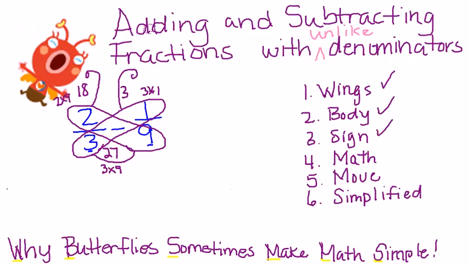The sign is subtraction. I see that right here, so I don't need to do the arrow this time. I'm going to do the math on the top, which is 18 minus 3, which is going to give us 15, and that's what this big number is right here. Okay, and then we're going to move the denominator over, and that goes over there, so that's 27.